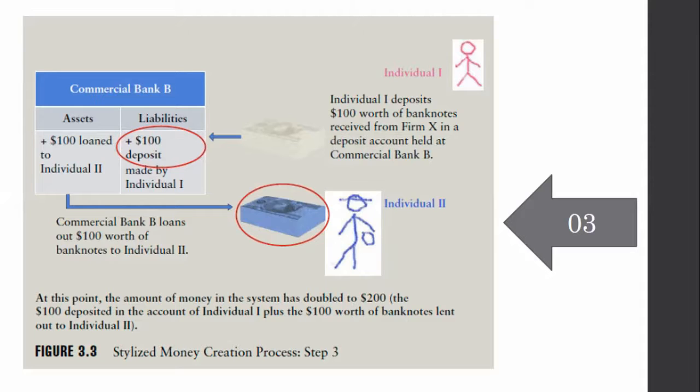So now how much is the money then? Initially it's $100, which is issued by the central bank, which is later received by the firm X and later transferred to individual one.